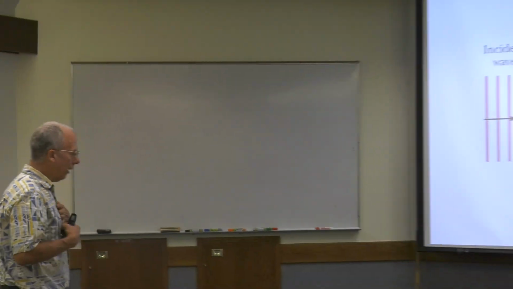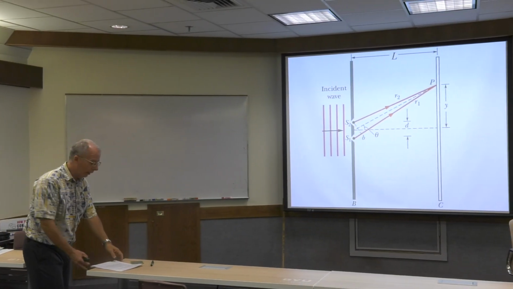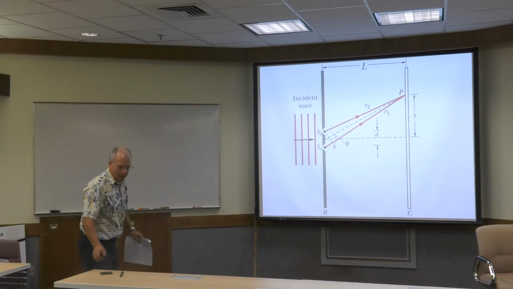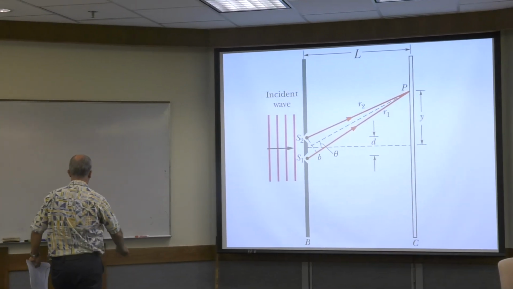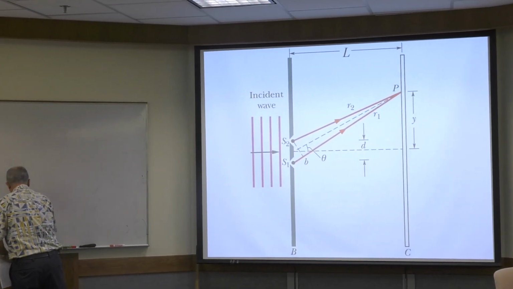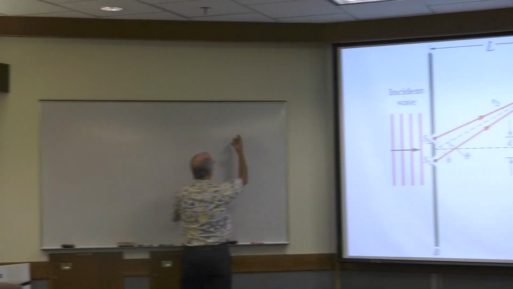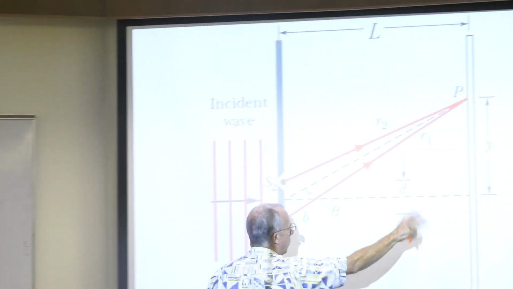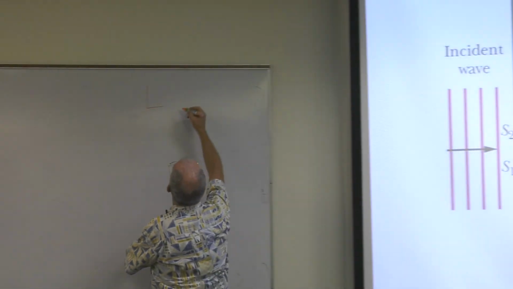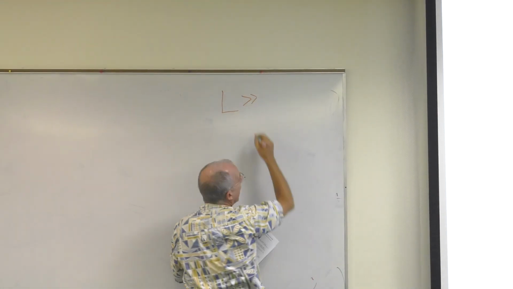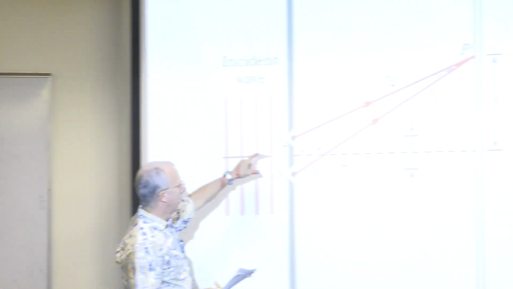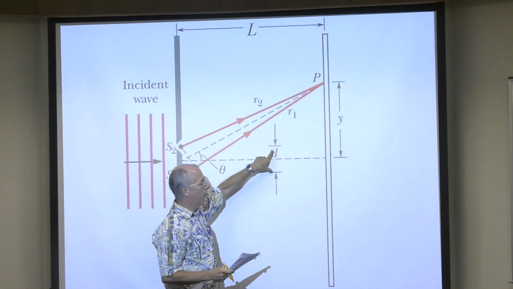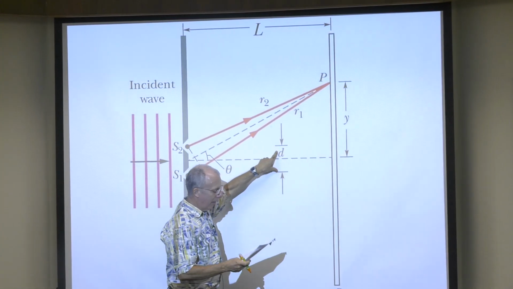And obviously from me to the screen is a whole lot more than 1/10 of a millimeter. So this is an excellent approximation. So we're always going to assume that L, the distance from the slits to the screen, is tons bigger than this distance, which we're going to call D. But we're going to change that, don't worry.